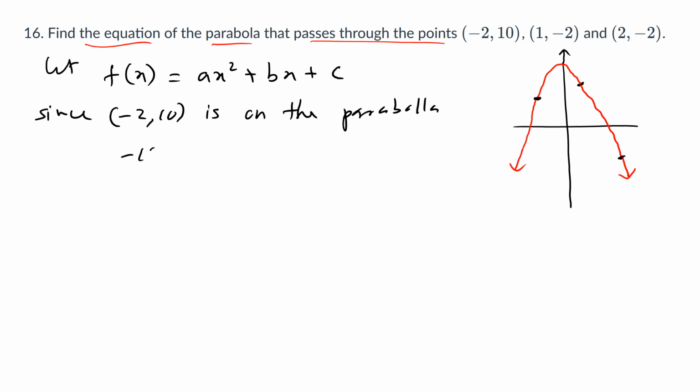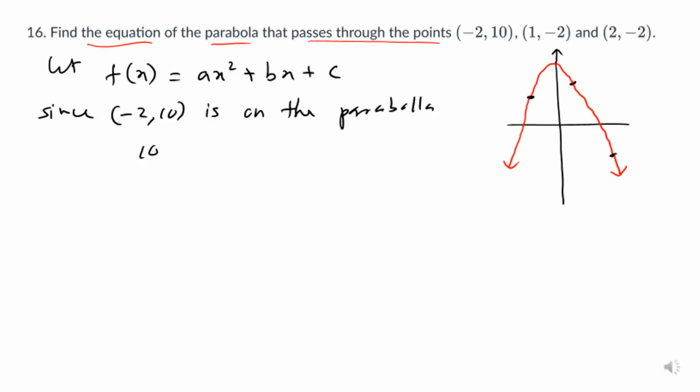So we can write 10 equals, plugging in the value -2 into the function, a times (-2)² plus b times -2 plus c. So you can write this as 10 = 4a - 2b + c.